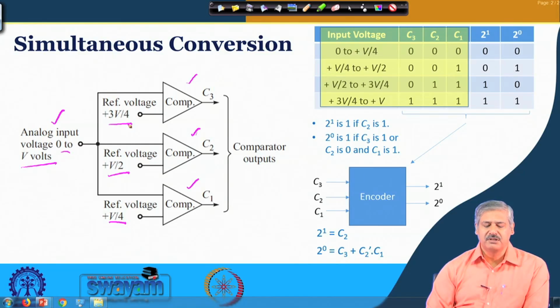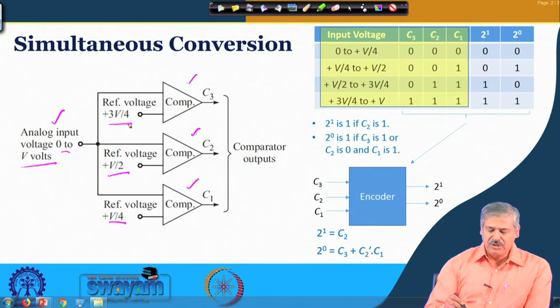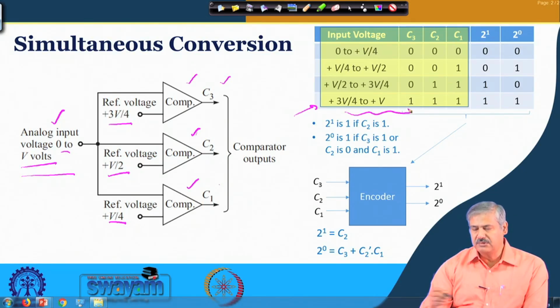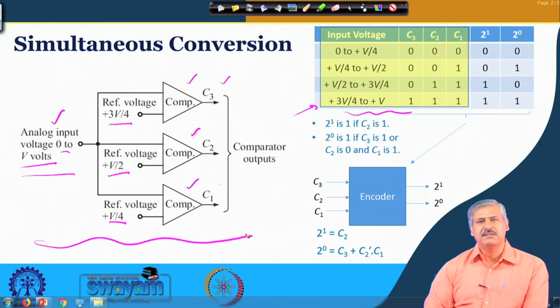Is it fine? So, what will be the output C3, C2, C1 for different voltage ranges of the analog input voltage? That is seen in this part of the truth table that you can see, where yellow box 1 is the one where you can see how the input and output of this particular block are related.